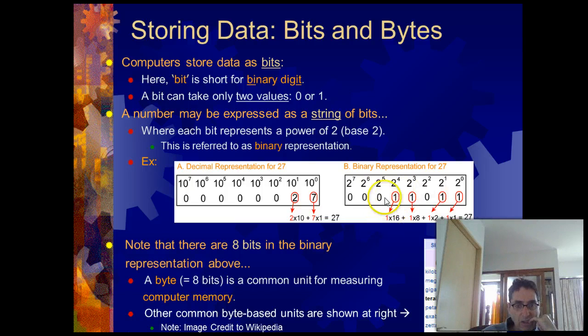Okay, so let's read what's written here. Computers store data as bits. So instead of storing it as 27, I could store it as 11011.